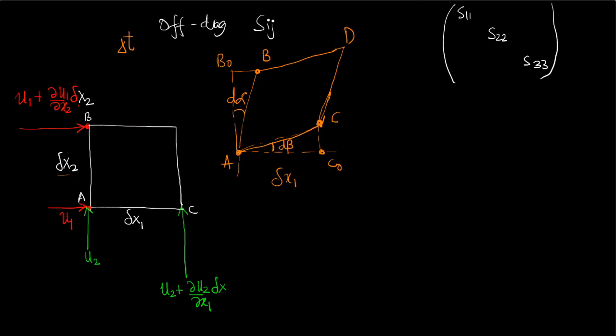Let us find out what the rate of change of that angle is. So we want to find out the rate of change of alpha, and we want to find out the rate of change of beta. Let us look at first the rate of change of beta, because it is easier to see.